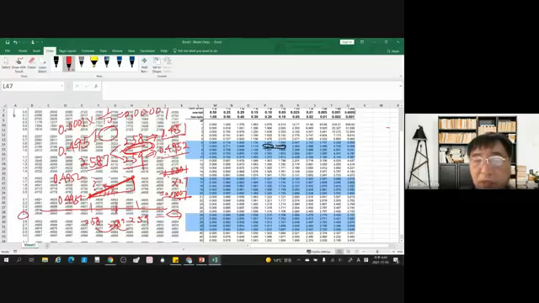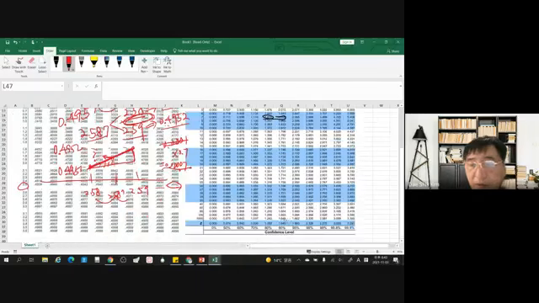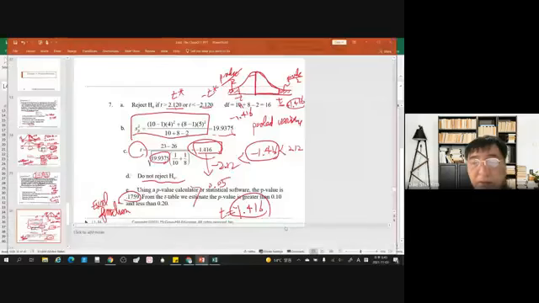When you look at 1.416 here, it is maybe around here. When you go down, you need to read the degree of freedom carefully. Degree of freedom in this case is 16.